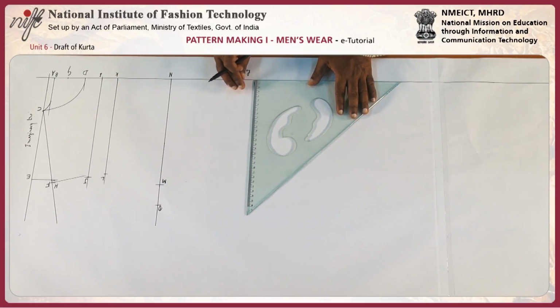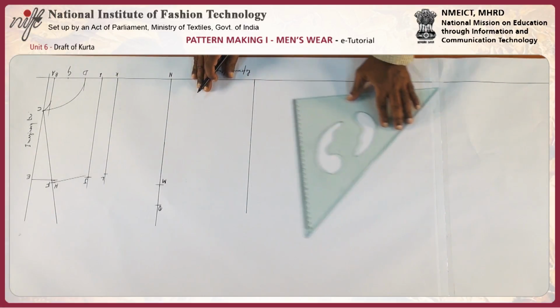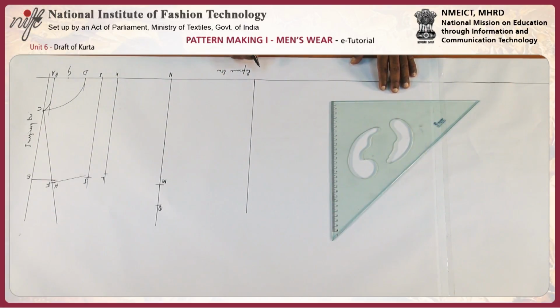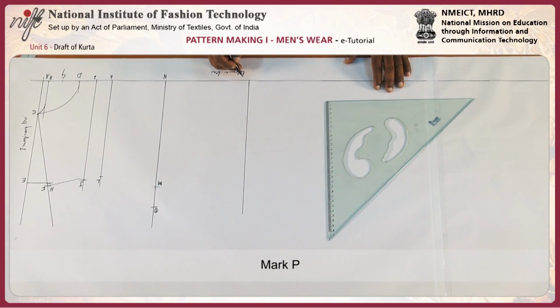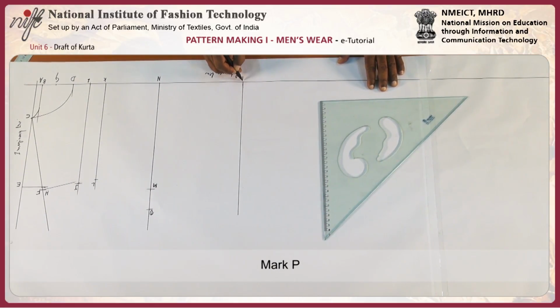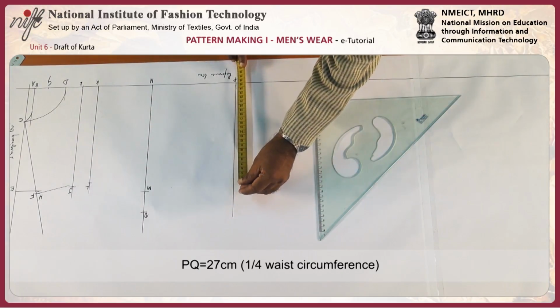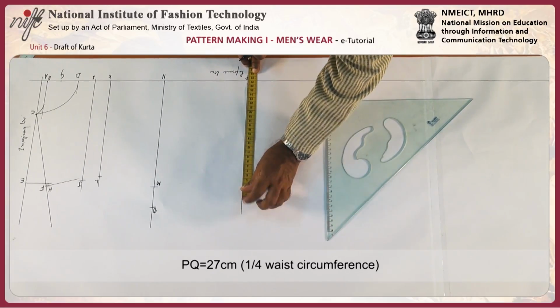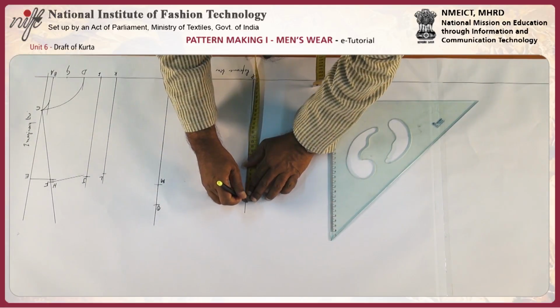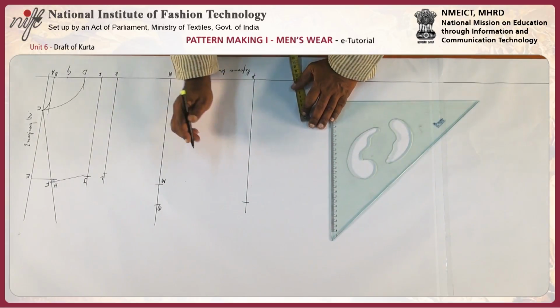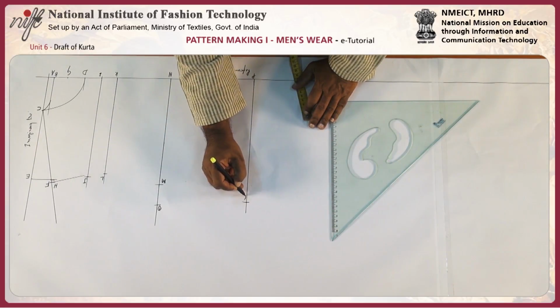Then from that point, draw a perpendicular line to the reference line, and label point P. P to Q is 1/4 waist circumference, 27 centimeter. This is P and Q.